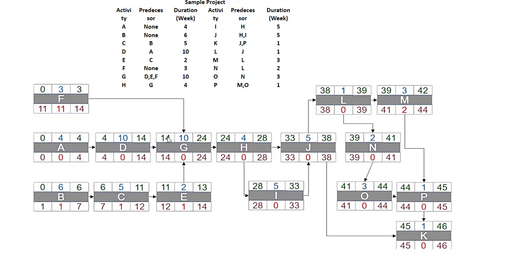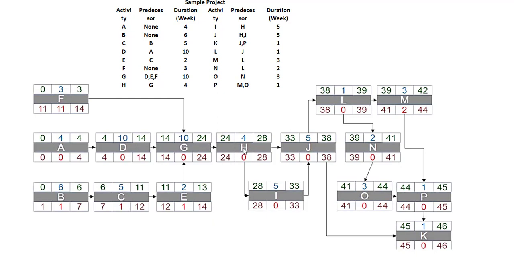The earliest time of G will be 14 because it cannot start earlier than this day as it follows D also. So considering 14 as early start for G and 10 weeks of duration, it will be completed in 24th week.